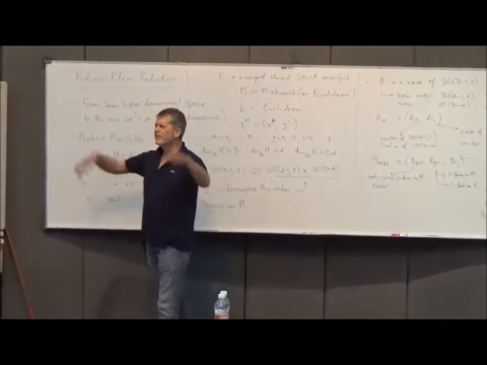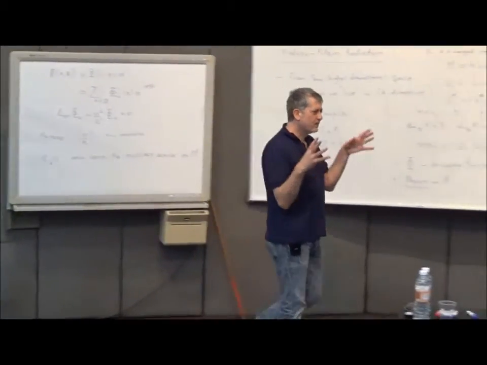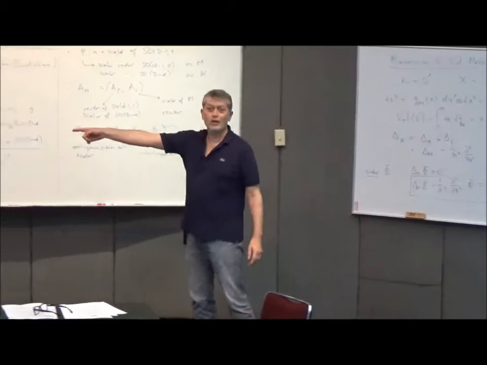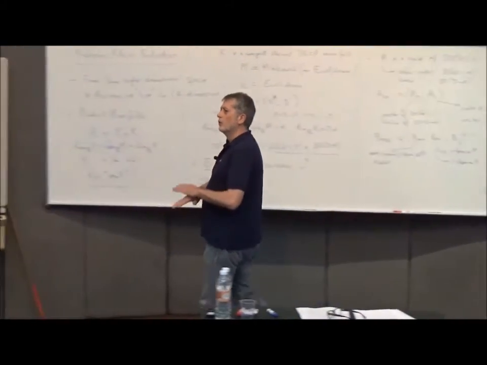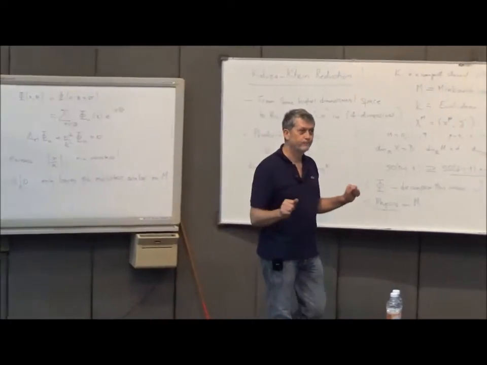All towers of them, infinite numbers of them. But somehow I want to crunch K, make it as small as possible, and be left with a finite number, in this case 1, of fields which are happily doing whatever they're supposed to be doing on M. Is that clear?